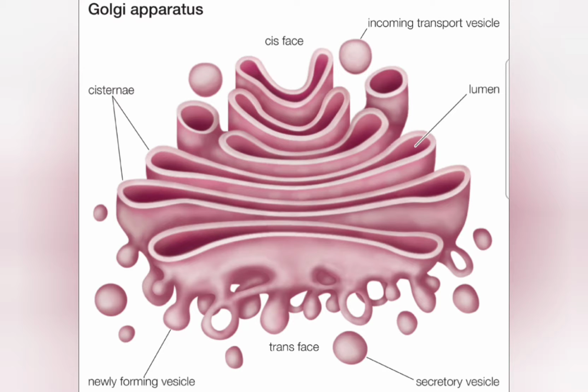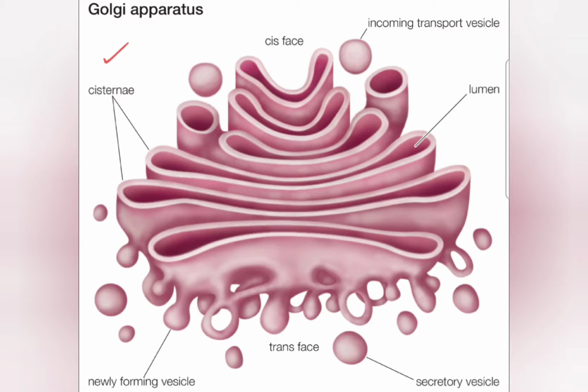Starting with the cisternae, these are parallelly arranged. As you can see here, this is one cisternae, this is the other cisternae, third one, fourth one. All of them are parallelly arranged, flattened sacs. They are covered by smooth surfaced single membrane and piled one upon the other to form stacks.